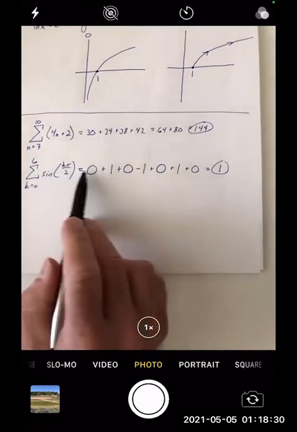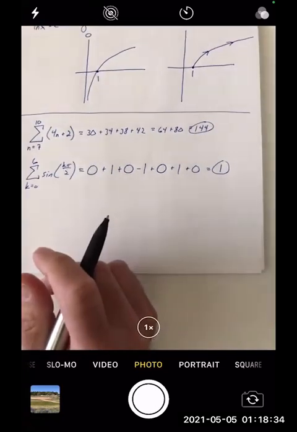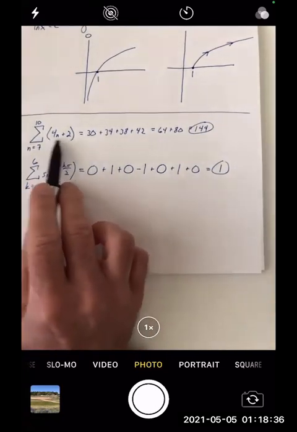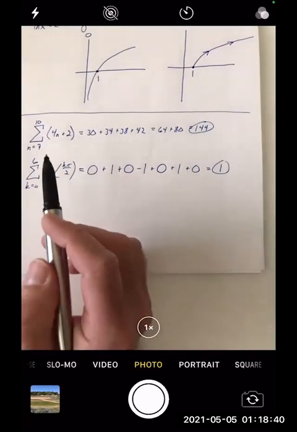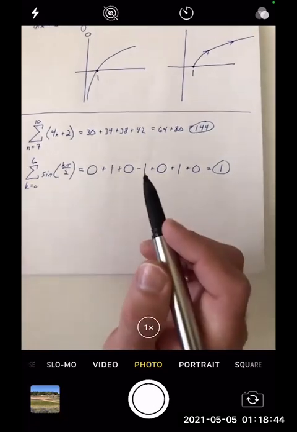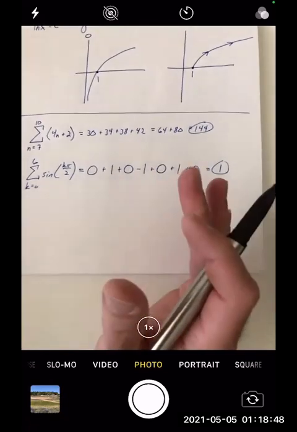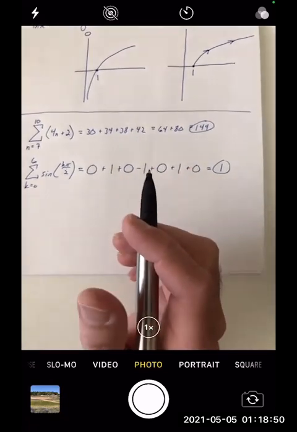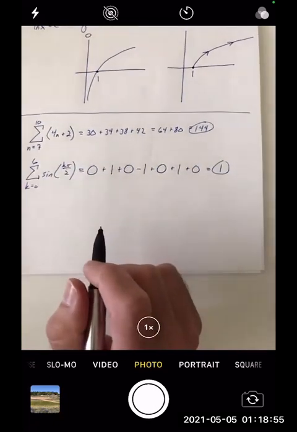With trig functions, I would just do it out. But if it's a polynomial in there, like the 4n plus 2, if it went from 1 to 10, I would use a formula on that, because otherwise you'd have to calculate 10 values and add up 10 different numbers, which is fine if that's how you want to do it, but it might take you a while.